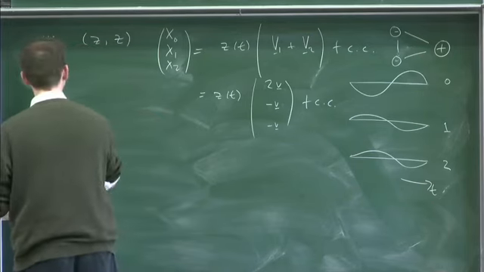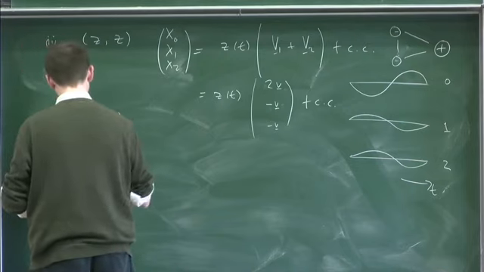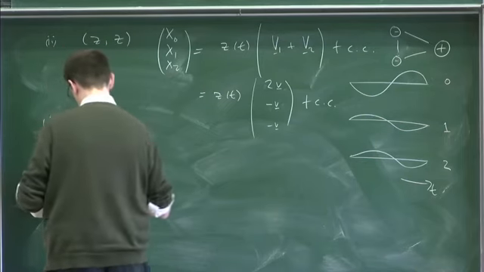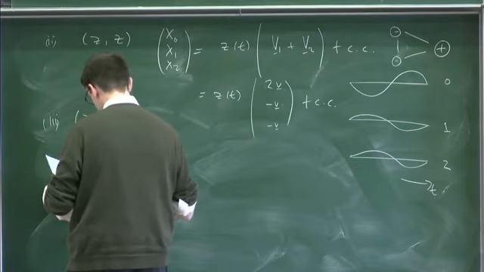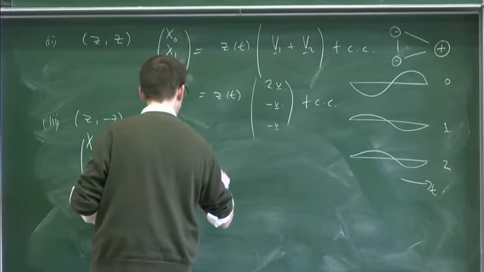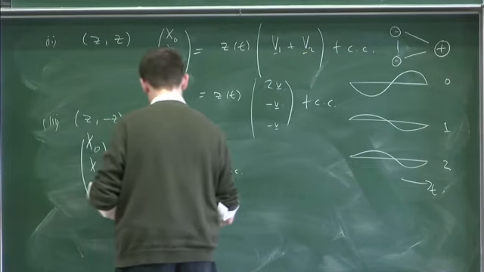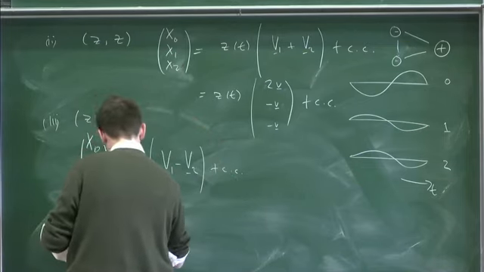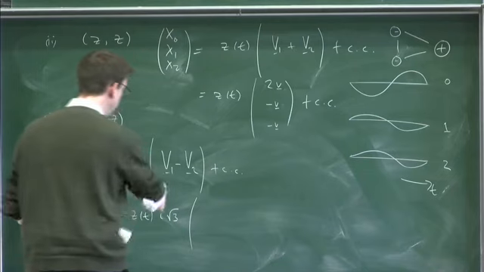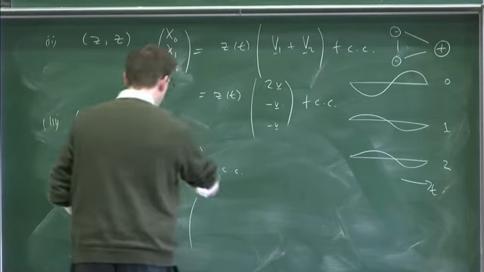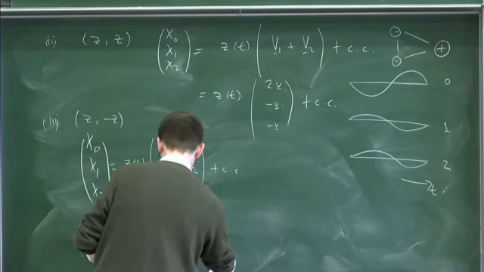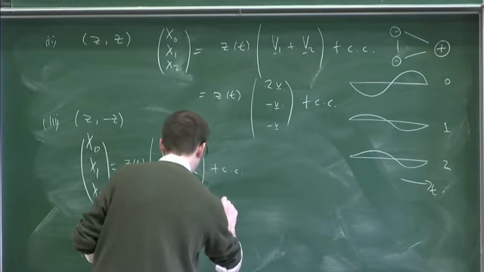And then the third case, z minus z, got x0, x1, x2, looks like, so this is a big V1 minus big V2 plus complex conjugate plus higher order terms. So this looks like z of t times the imaginary part of the little omega times kind of 0, v, minus v again.